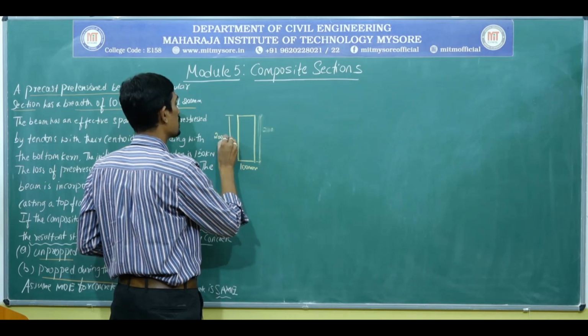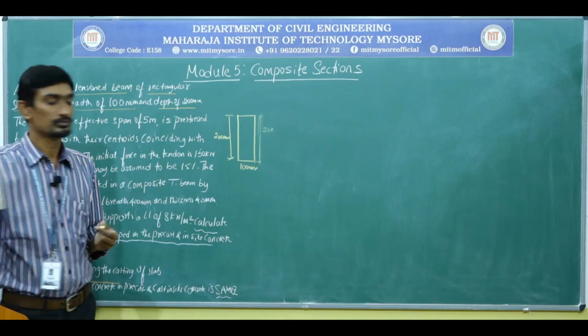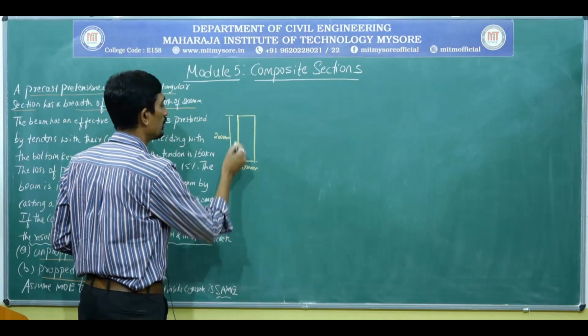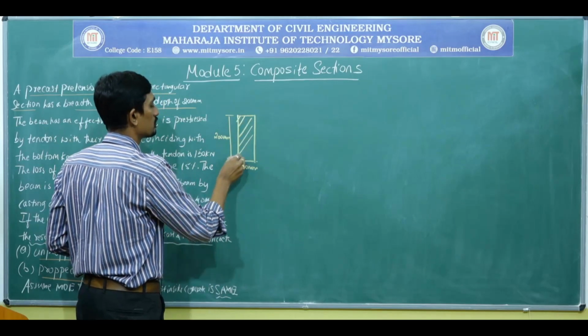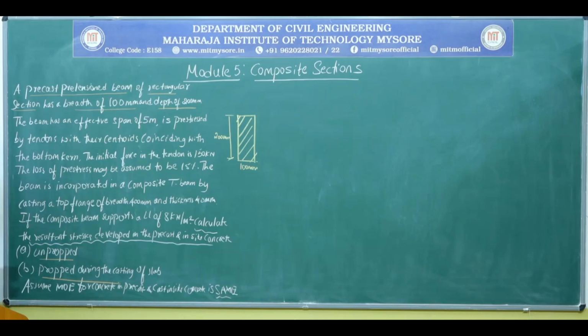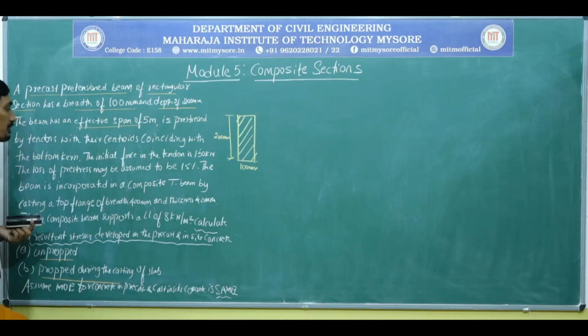This is the precast pretension beam, and I will notate it with H. This is the dimension of the precast pretension beam. The beam has an effective span, that is the longitudinal section, of 5 meter.